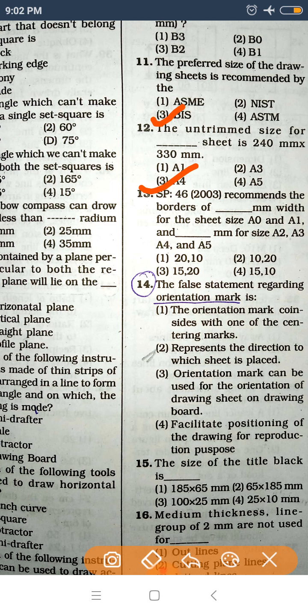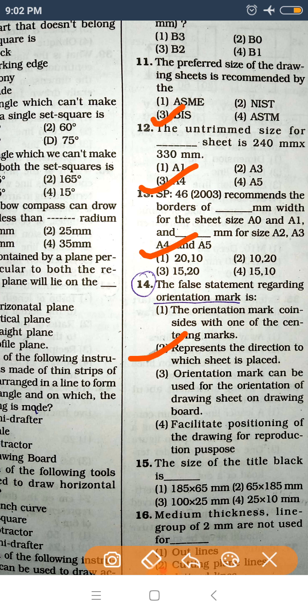The answer is A. 20 mm border for A0 and 10 mm border for A2, A3, A4 and A5. The false statement regarding orientation mark. The answer will be B, because we know that orientation mark is specified particularly for reproduction purpose.